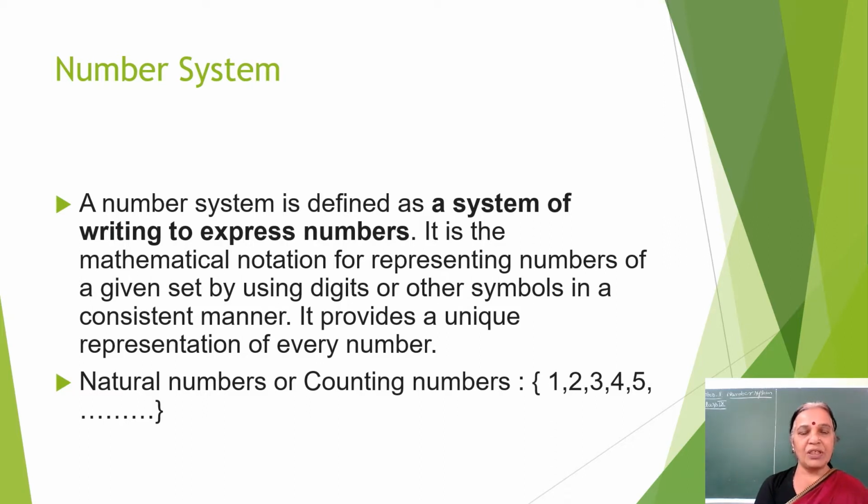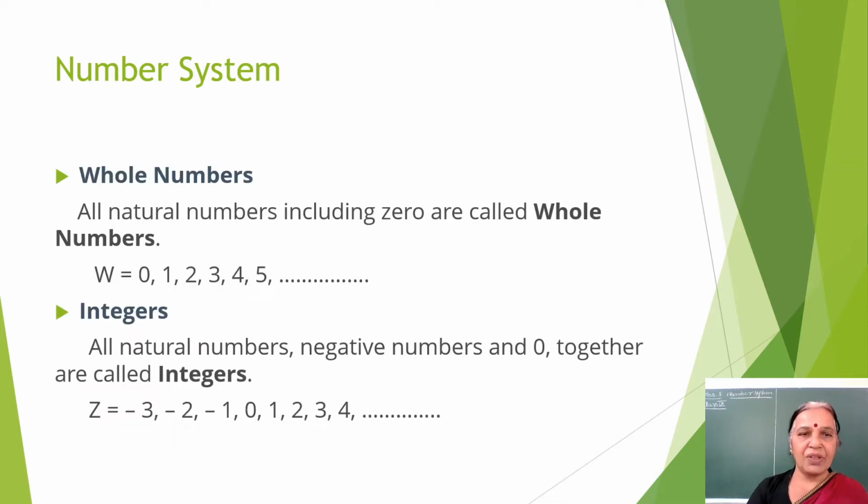You know, natural numbers are counting numbers, that is 1, 2, 3, 4, 5, etc. Natural numbers start with 1 and go up to infinity. Next, a whole number. All natural numbers including 0 is called a whole number. Whole numbers start with 0.